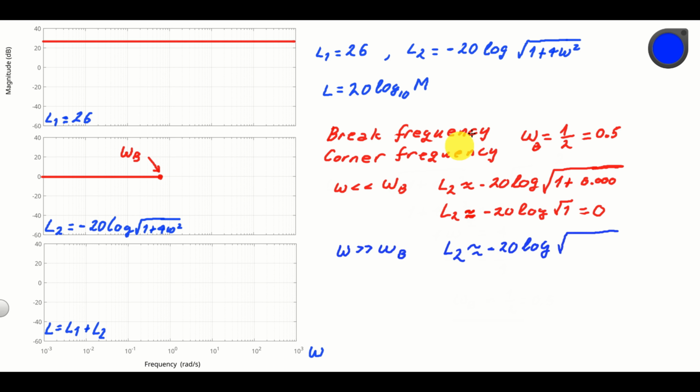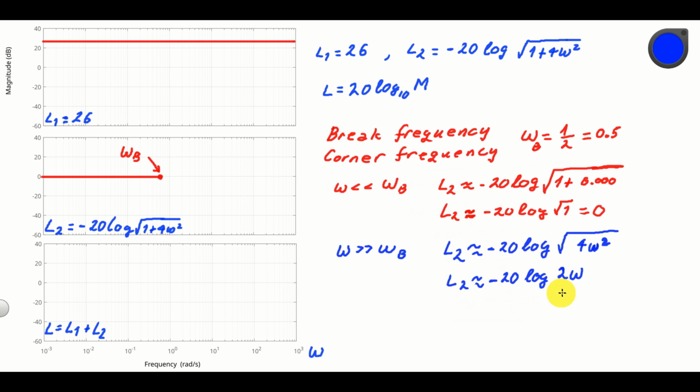Since ω is very large, this 1 can be neglected over here, and we will simply have something very large that will be dominated by this term over here. That is, L2 can be approximated like this, minus 20 log 2ω.